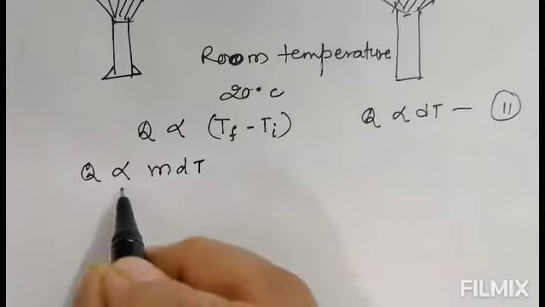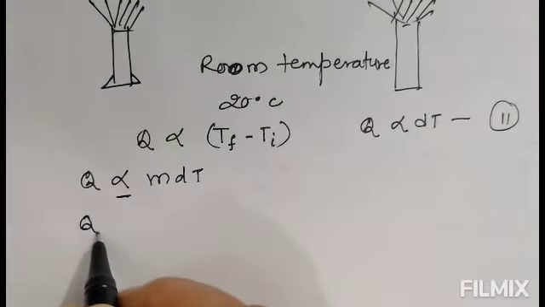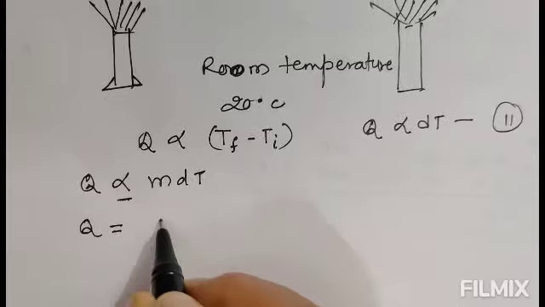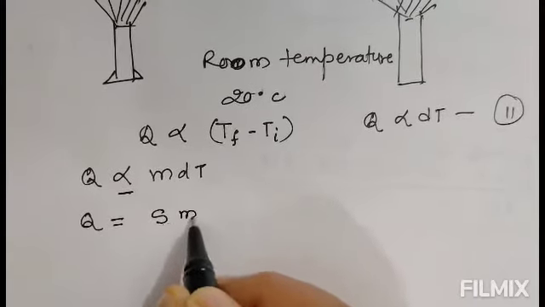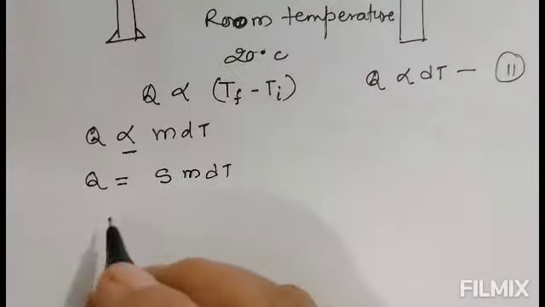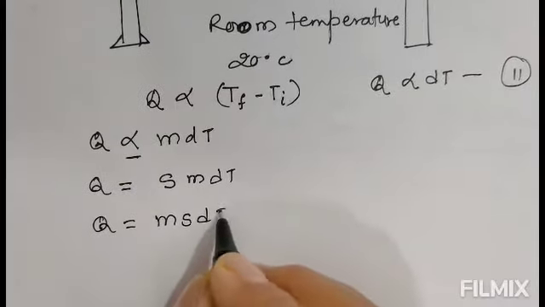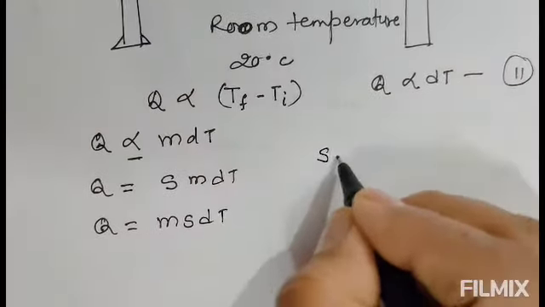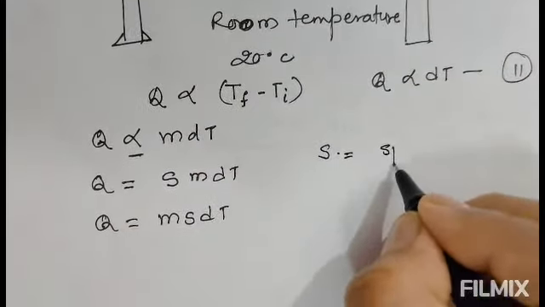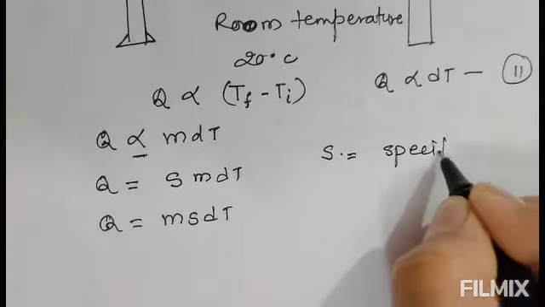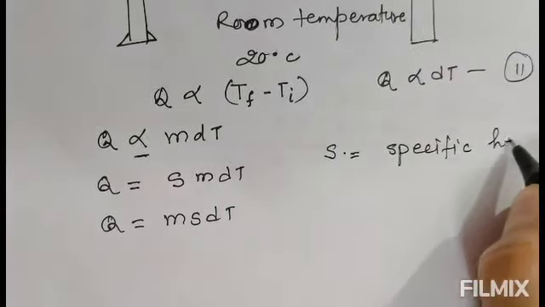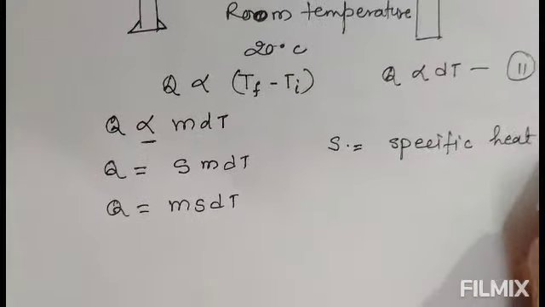If we remove this proportional sign, then we put a constant here, S m dt, or you can say Q is equal to m s dt. This S is a proportionality constant, and this is called the specific heat of substance.